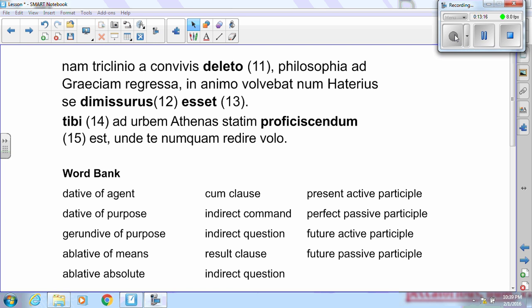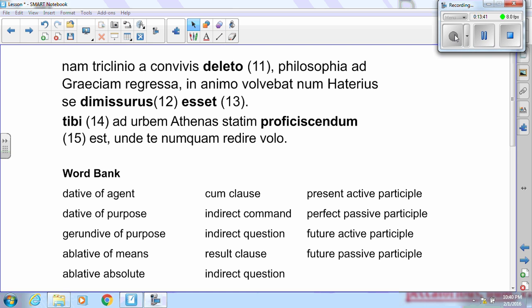The esset is a perfect passive, a pluperfect passive subjunctive, and it's being used here in an indirect question. That's what I was looking for, indirect question. Tibi ad urbum Athenis statum profescendum est. That is our passive periphrastic construction.